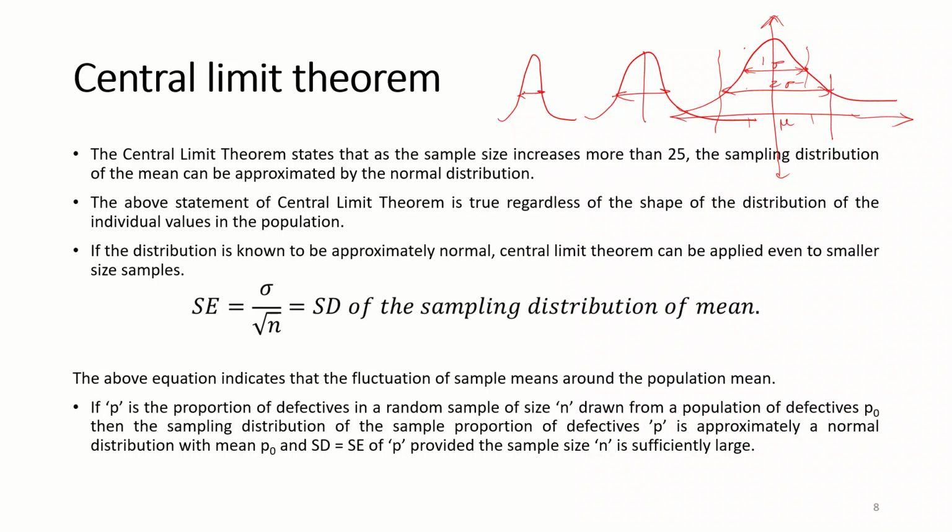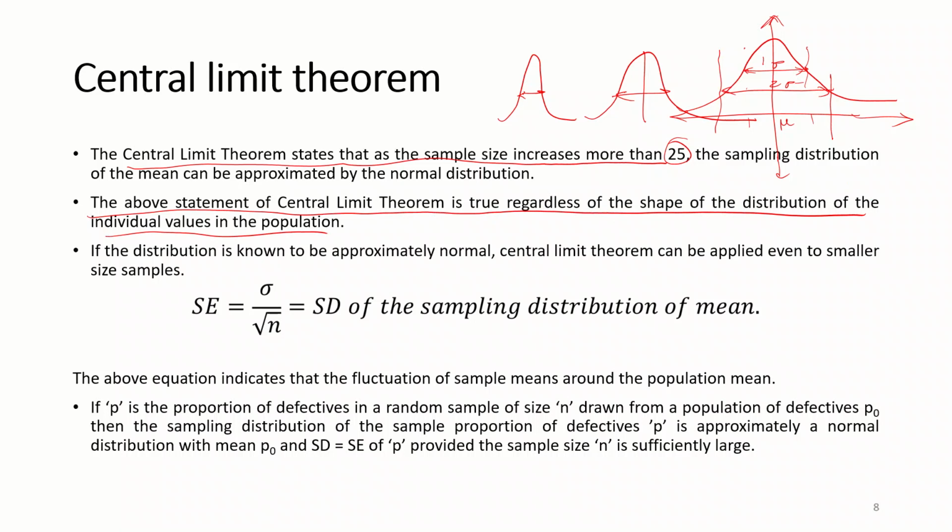Anyway, coming to the central limit theorem, it is valid mostly when the sample is large, that is when it crosses the number of 25. The statement of the central limit theorem is true regardless of the shape of the distribution of the individual values in the population.